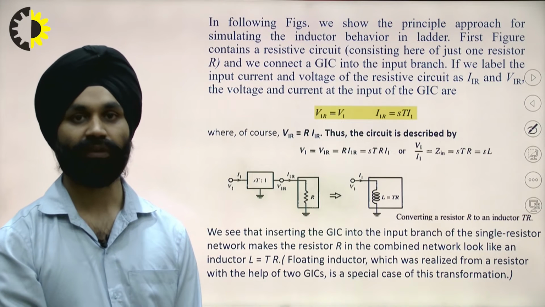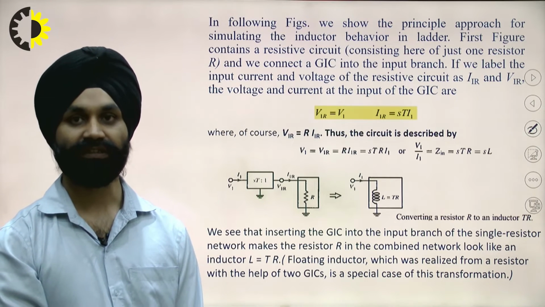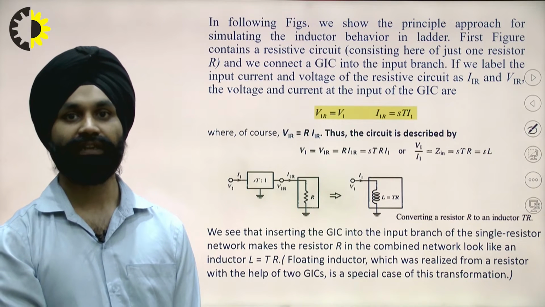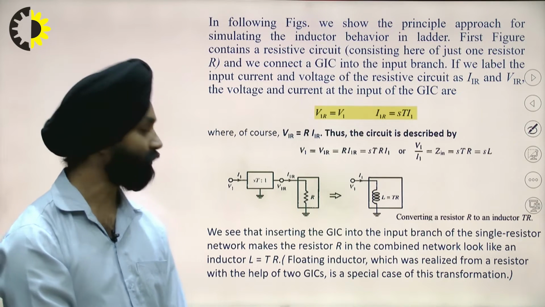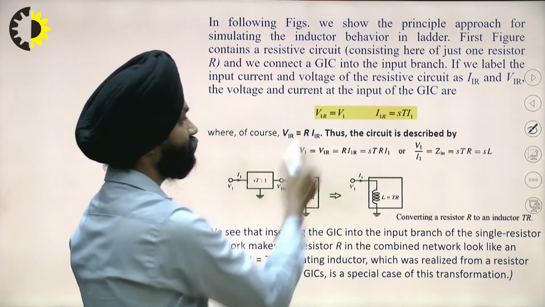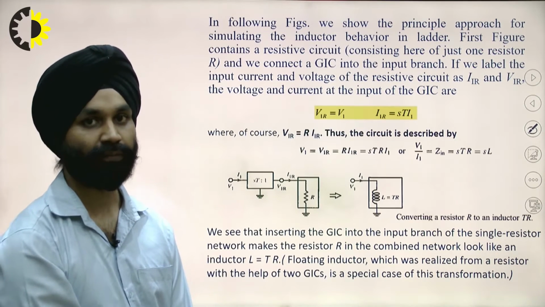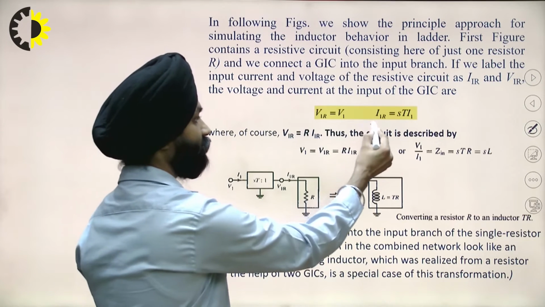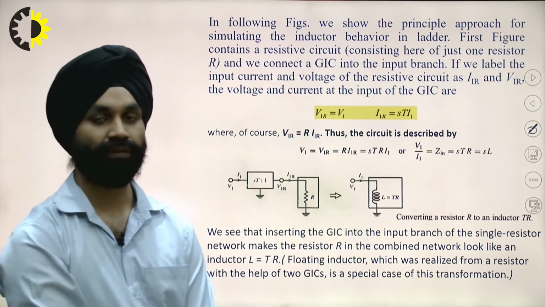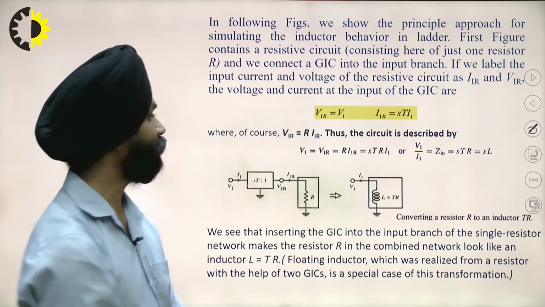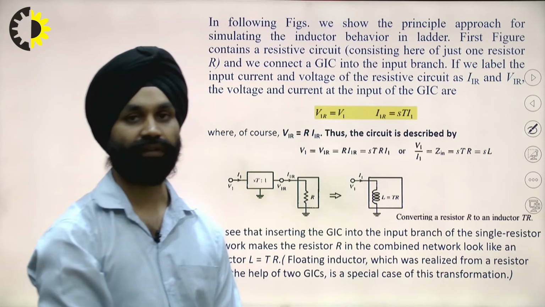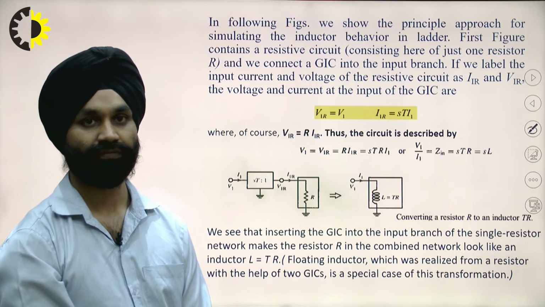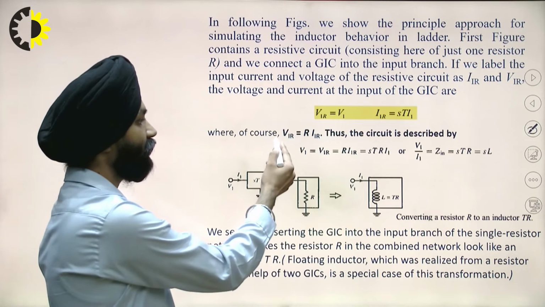If we label the input current and the voltage of the resistive circuit as IR and VIR, the voltage and current at the input of the GIC circuit are given by VIR equal to V1, and the output current is equal to S T into I1, as we have seen in the previous slide also. So here we can see that IR is equal to VIR.